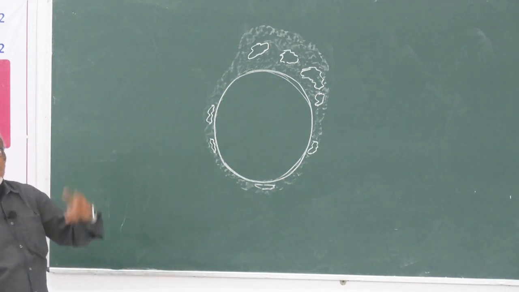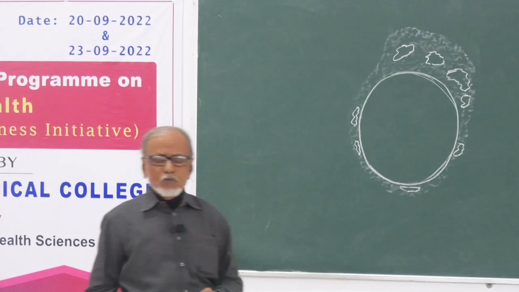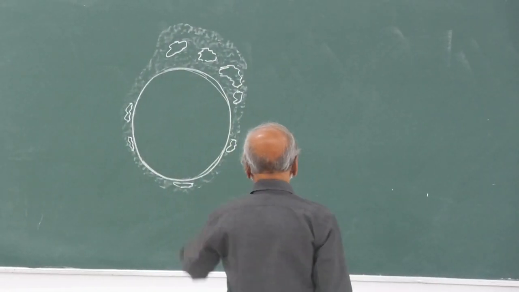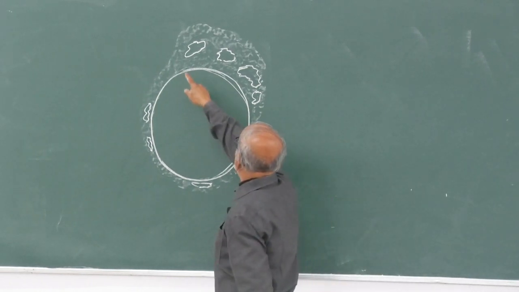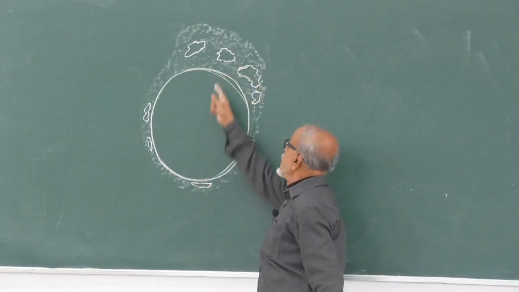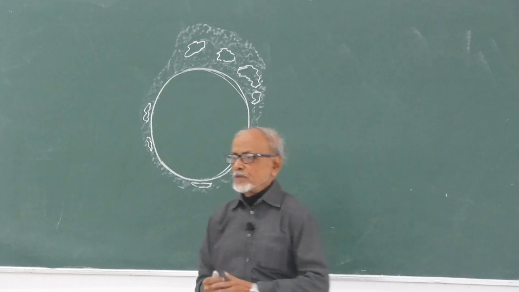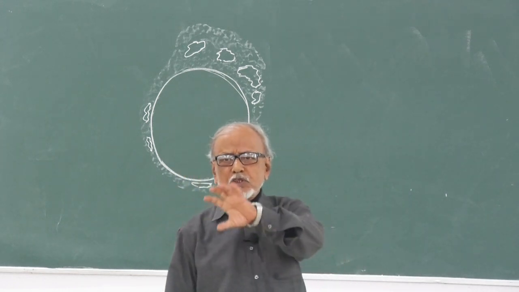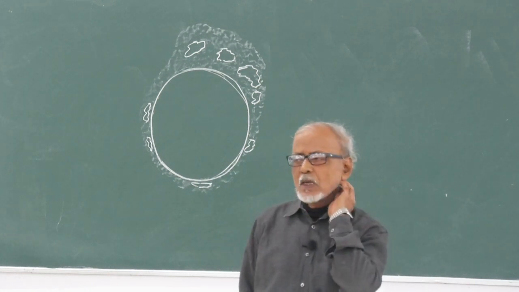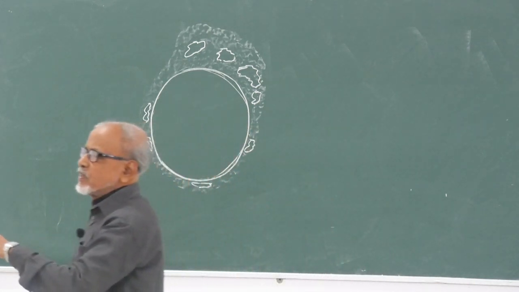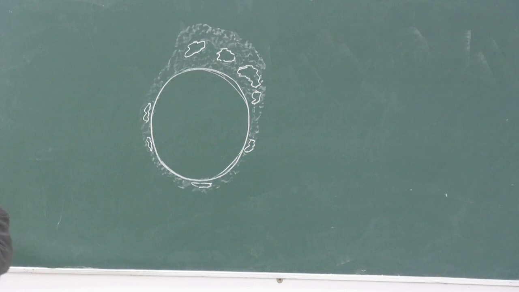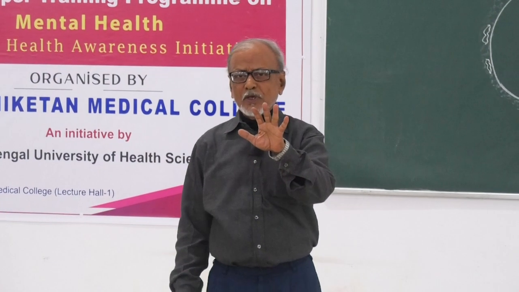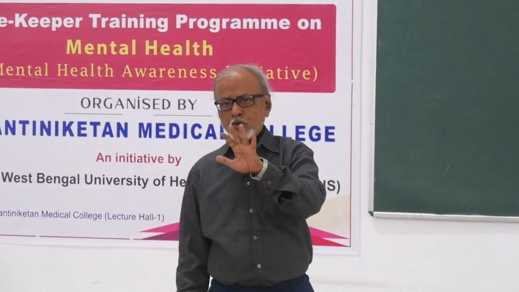What I have shown is obviously from your knowledge, I think you can appreciate this is nothing but the trophoblastic tissue with the lacunae. The lacunae are there in the syncytial trophoblast. Syncytial trophoblast is nothing but a multinucleated mass of cytoplasm with no definite cell boundaries. ঠিক আছে?